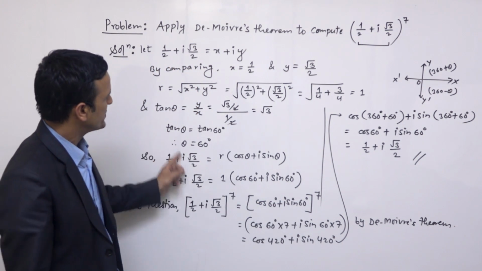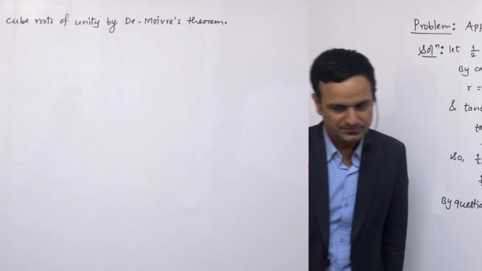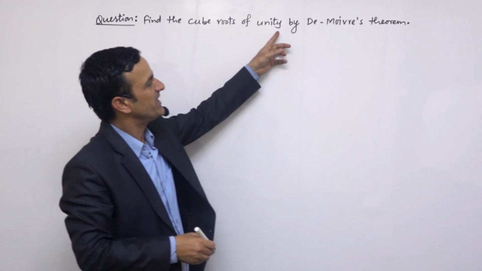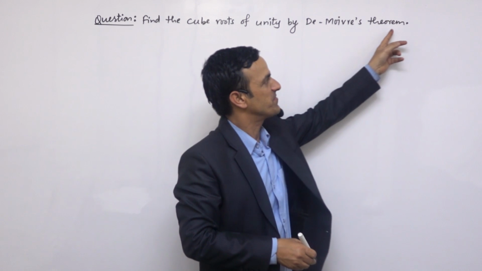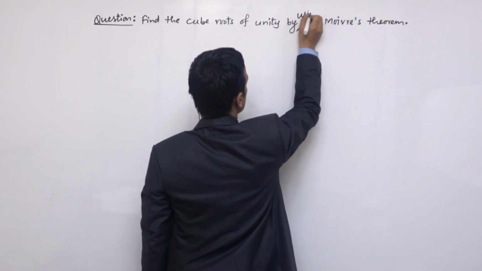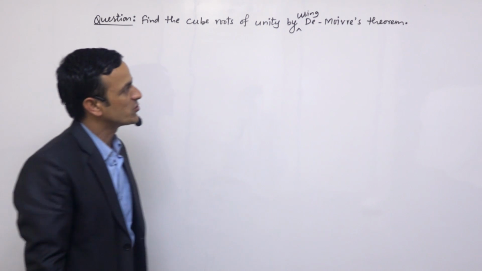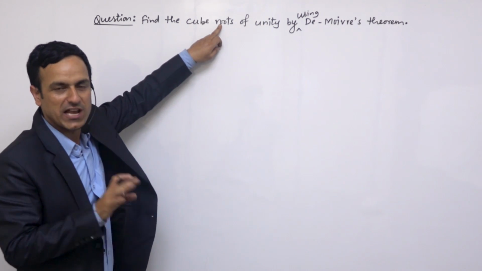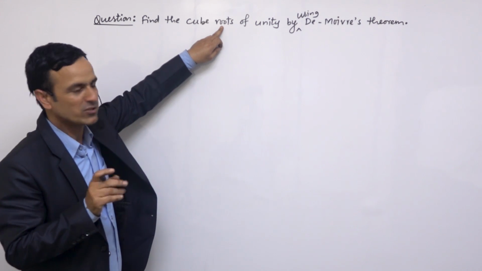So we have another question: find the cube roots of unity by de Moivre's theorem, by means of using de Moivre's theorem. De Moivre's theorem को use गरेर हामीले 1 को क्यूब रुटहरु निकाल्नु पर्ने छ, क्वेशन को डिमान्ड त्यो हो.